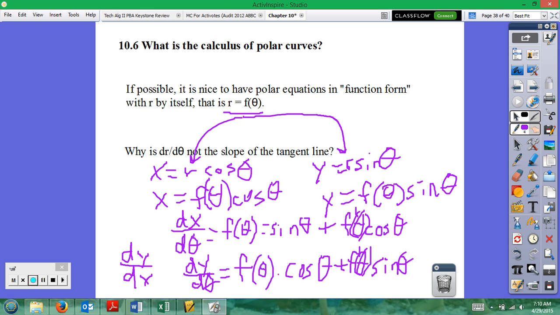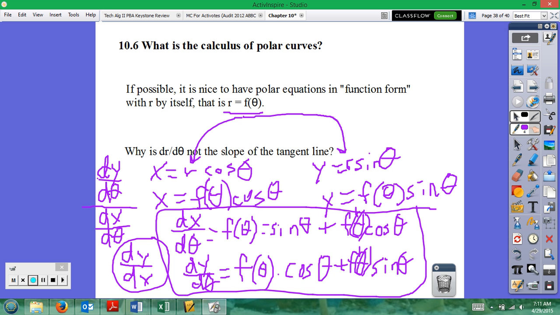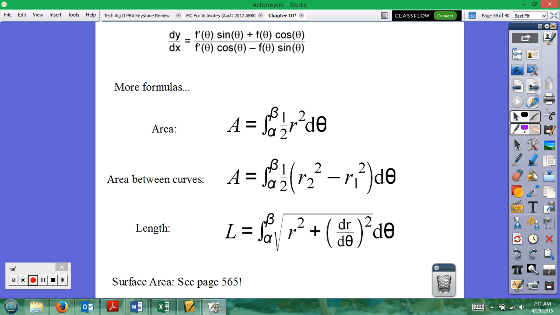Just like with parametrics, if we have dy dt and dx dt, we really have dy dx because we can put them over top of each other. Same thing here. If we have dy d theta and put that over dx d theta, we flip, multiply, and we are left with dy dx. Put in fraction form, you get the dy dx formula: f prime theta sine theta plus f of theta cosine theta, over f prime theta cosine theta minus f of theta sine theta.